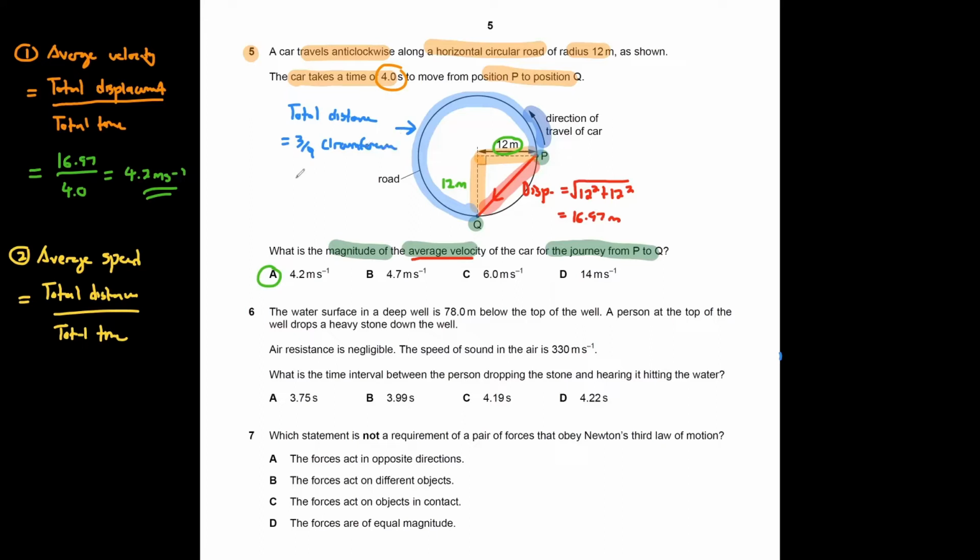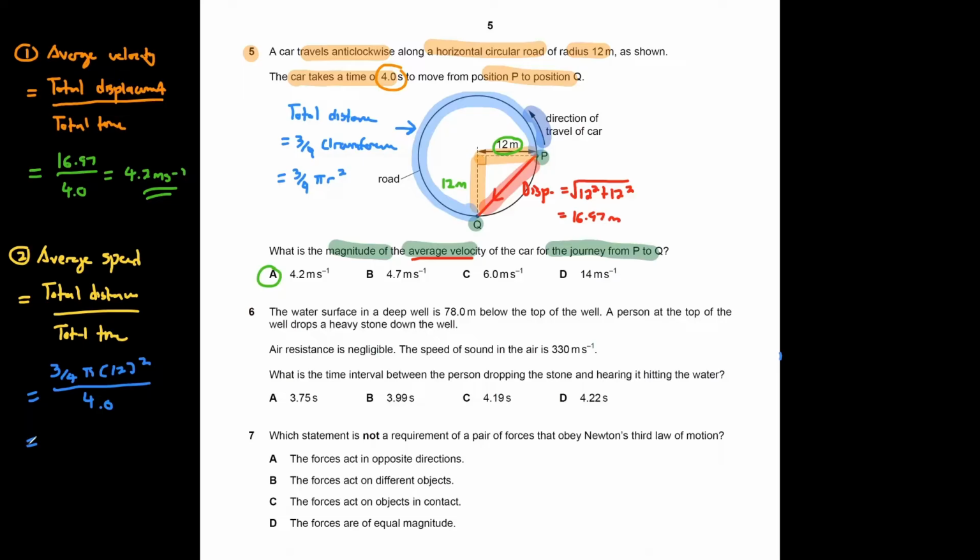of your circle. So if this one is 3/4 of the circumference of your circle, it will actually be 3/4 of 2 pi r. So if we sub the values into our equation now, total distance is 3/4 of 2 pi r, where our radius is 12 meters, divided by 4.0 seconds.